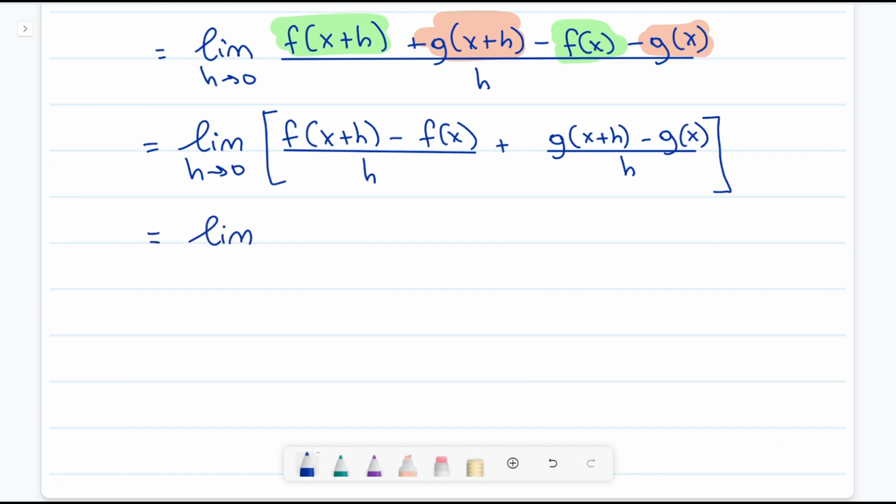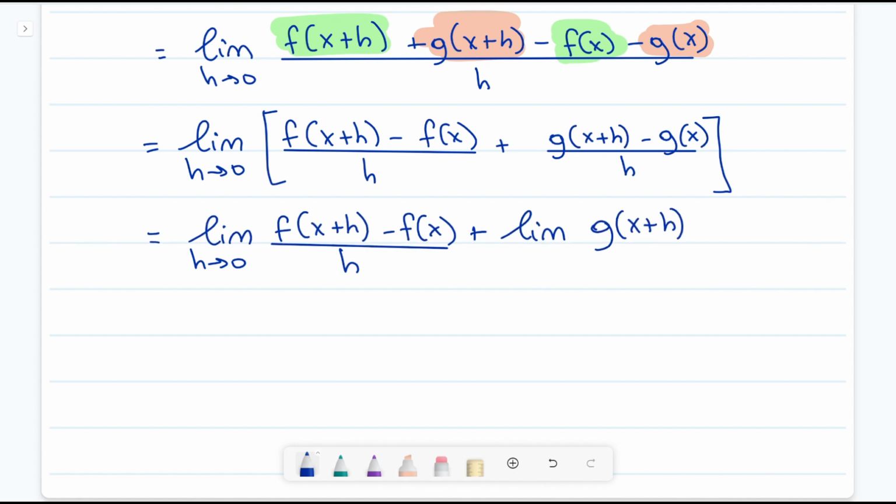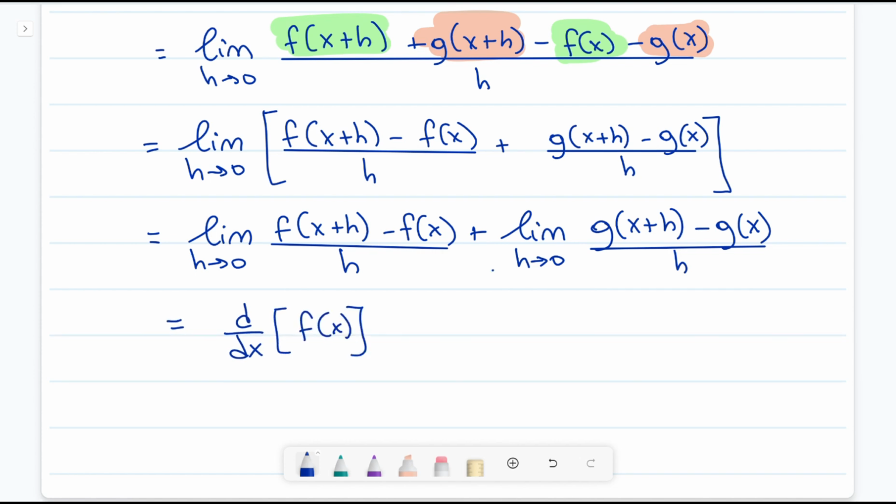Now using limit laws, we can split the limit. So we get the limit of f of x plus h minus f of x divided by h as h approaches 0, plus the limit of g of x plus h minus g of x divided by h as h approaches 0. And if you noticed, this first term is the derivative of f of x, and this second term is the derivative of g of x.